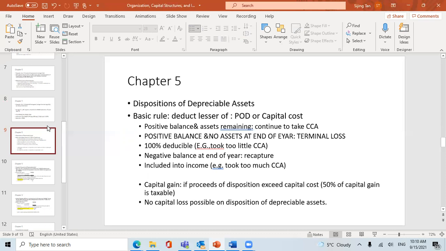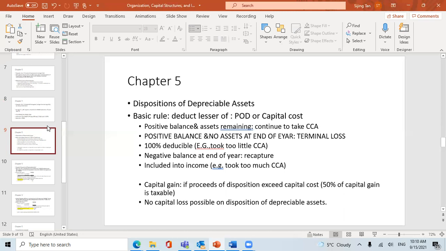We already disposed of these assets, but we still have a positive balance, which means we took too little CCA for the company in the previous years. If there's a negative balance at the end of the year, we need a recapture. So we need to include this recapture amount in our company's income, because that means in the previous years we took too much CCA. Okay, so we're going to give examples under these basic rules.